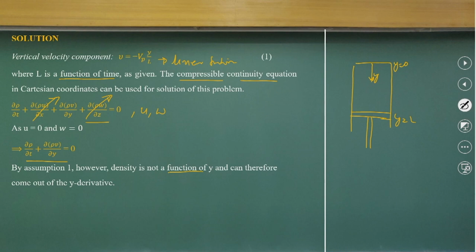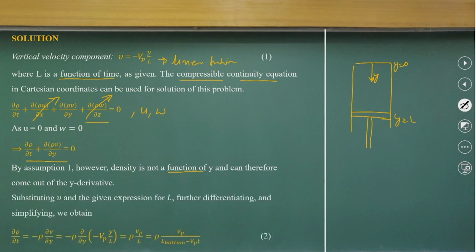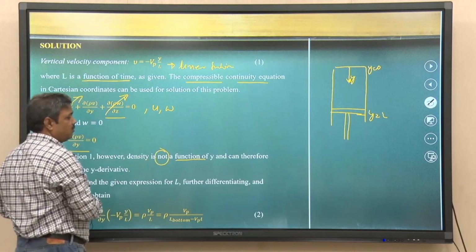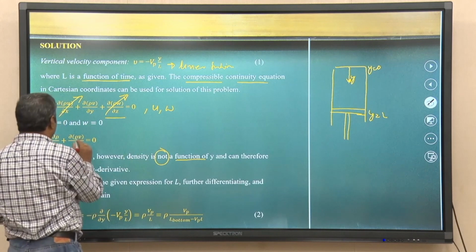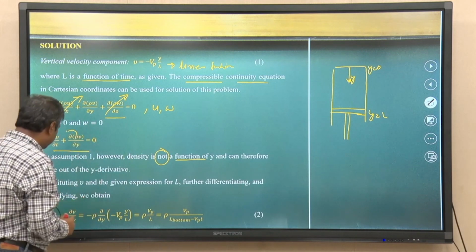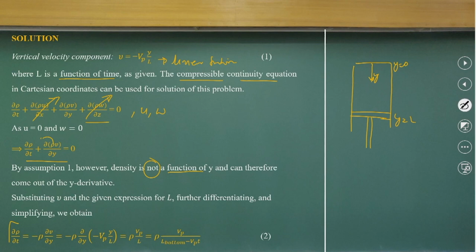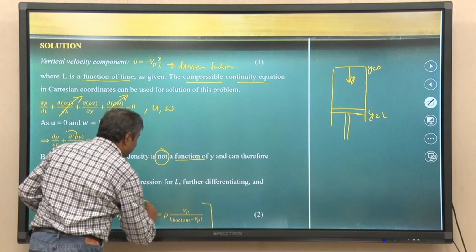See how we are simplifying the problem at different levels; otherwise it could be a very complex problem. Since density is not a function of y, we can take rho out of the y variability, rearrange it, and do the integration, and finally I will get this relationship.